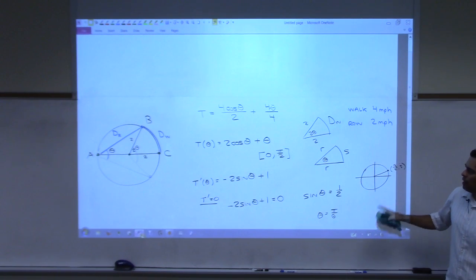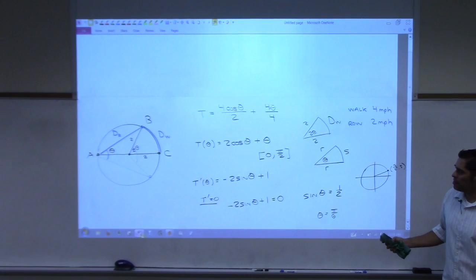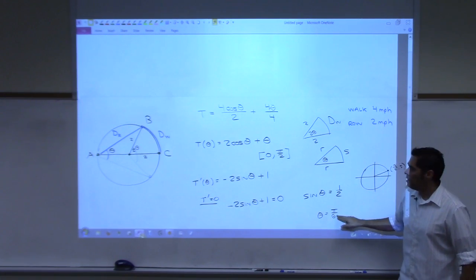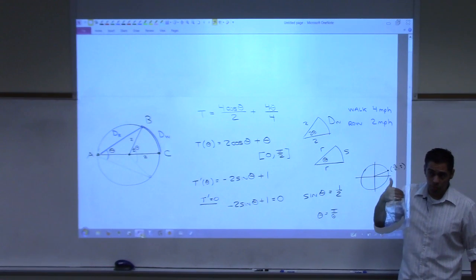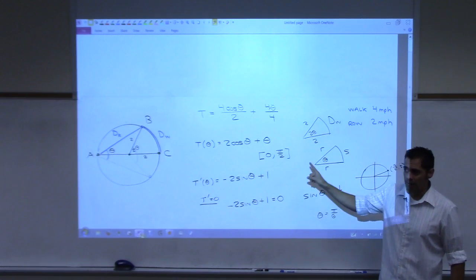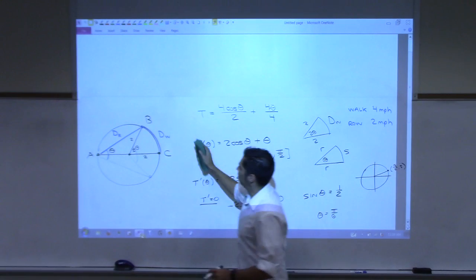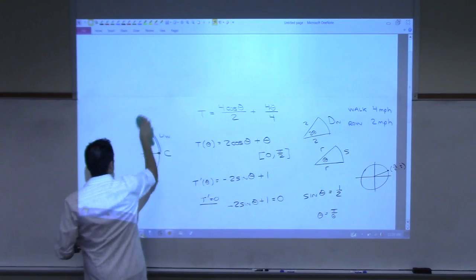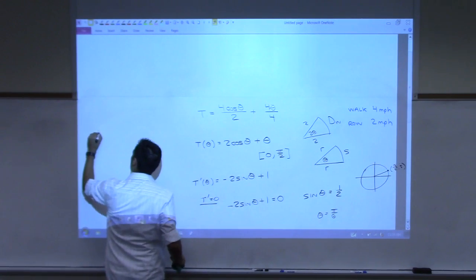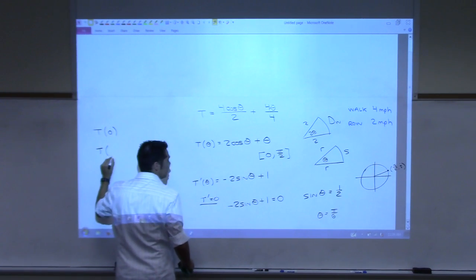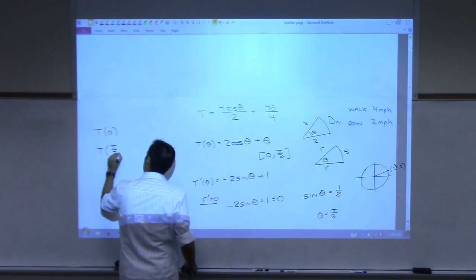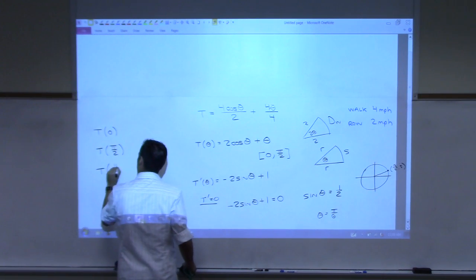Because this is a closed interval method, I'm going to take pi over 6, take the two endpoints, and plug them into the original time function. So I'm going to go time at 0, time at angle pi over 2, time at angle pi over 6.